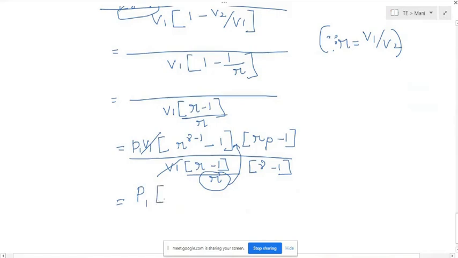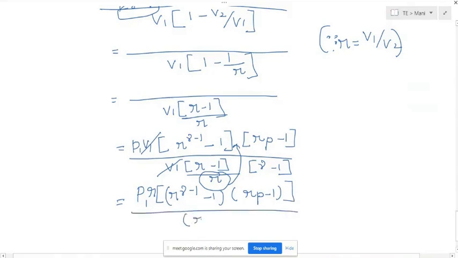P1 into, if it goes here, we can say r power gamma minus 1 minus of 1 into rp minus 1, divided by r minus 1 and gamma minus 1.